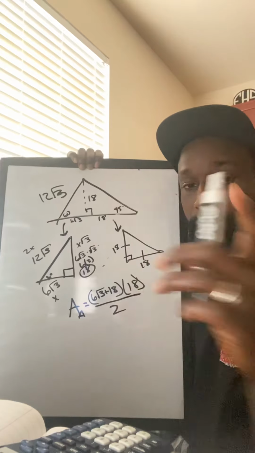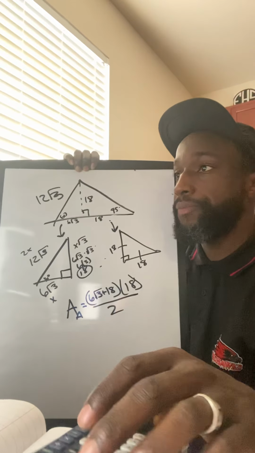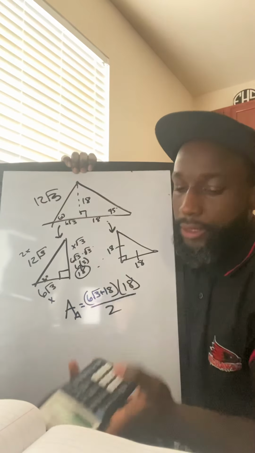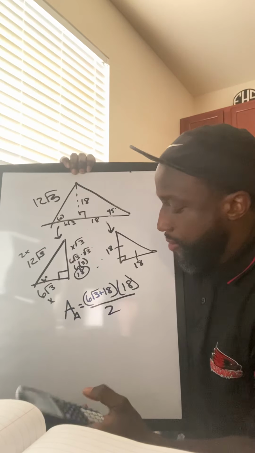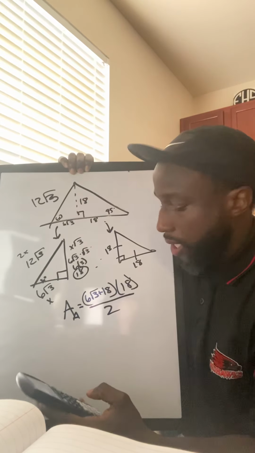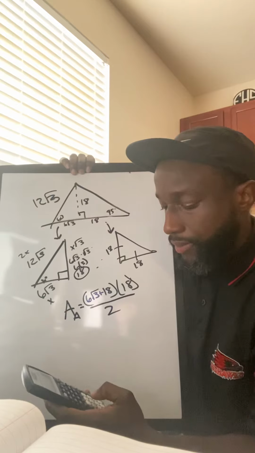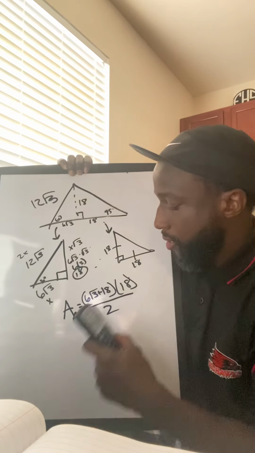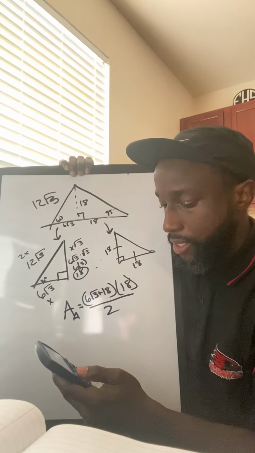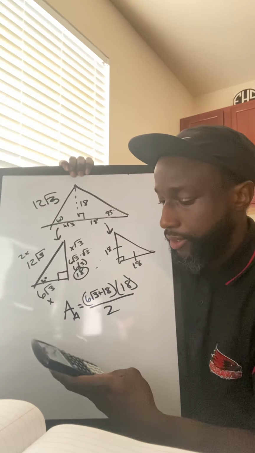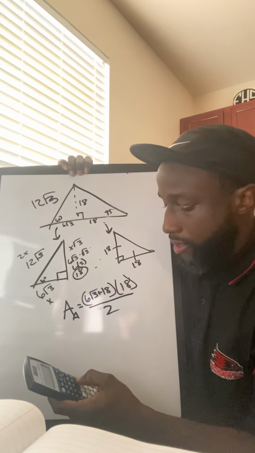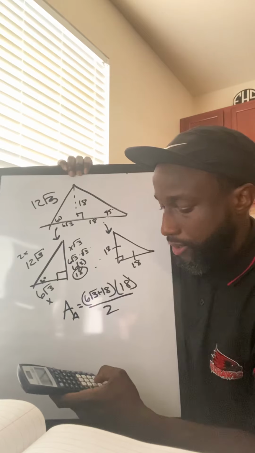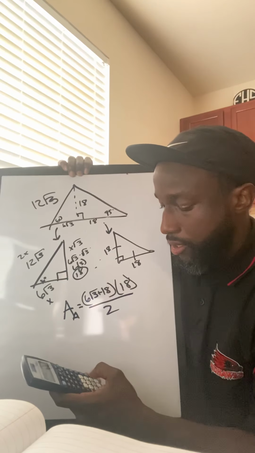So you set that up and do the math. Let's just do 18, half of 18 is 9, so it'll be 9 times this here. So we get 2 answers. So it'll be 9 times 18.